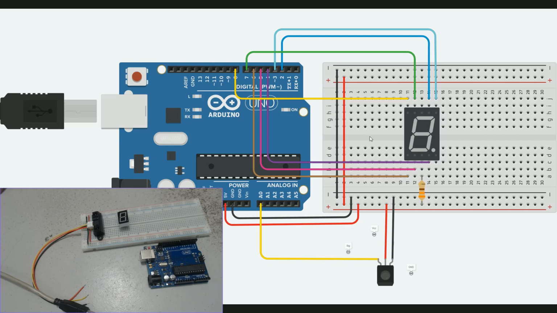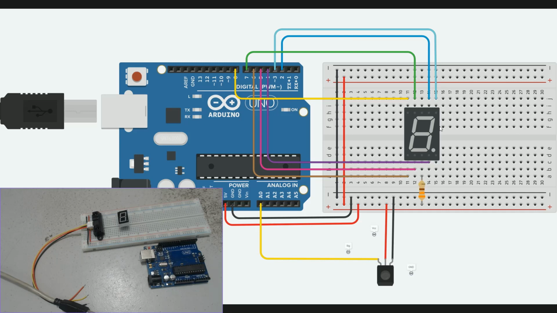Remember, this is not efficient and this is not correct. This is only for this example. If you want to get a deeper explanation of this, the proper value and the proper connection, I recommend you to check the videos about 7-segment display theory and 7-segment display resistance mathematics calculation.